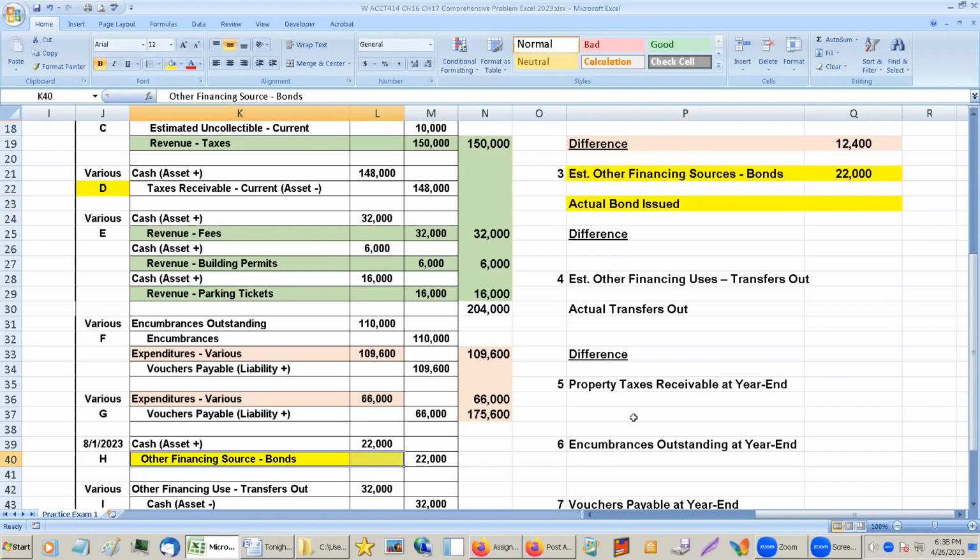Same amount. That makes sense, if you're gonna issue bonds, you go through registrars and all that kind of stuff. The difference is zero. It's usually a fairly rigid process.